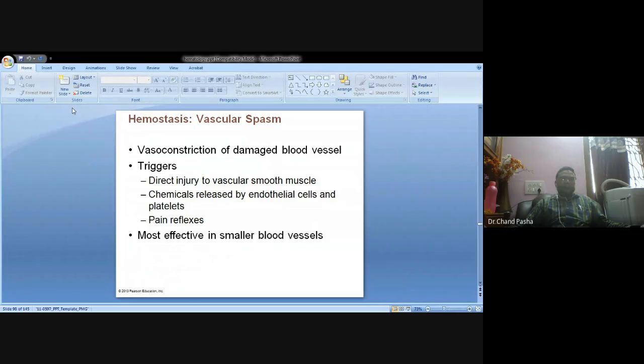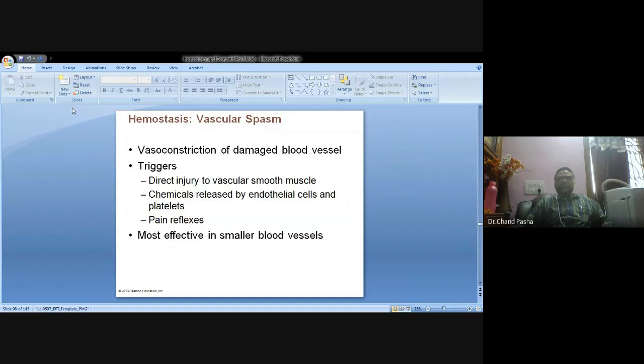Vaso is blood vessels, and the damaged blood vessel constricts in order to reduce the lumen size, so that the blood flow is reduced. See, suppose there is a tunnel. If you try to reduce the size of the tunnel, the whole lumen, then the flow reduces.